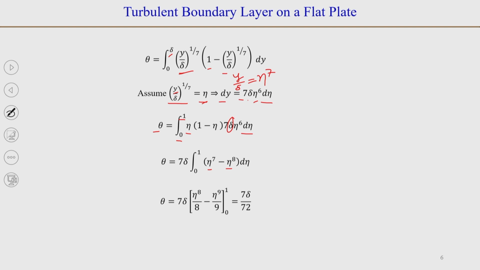When you integrate it, this will become eta raised to the power 8 divided by 8 minus eta raised to the power 9 divided by 9, and after substituting the limits, you will have 1 by 8 minus 1 by 9. So, that will be 9 minus 8 by 72, or 1 by 72. So, you will have theta is equal to 7 delta by 72.